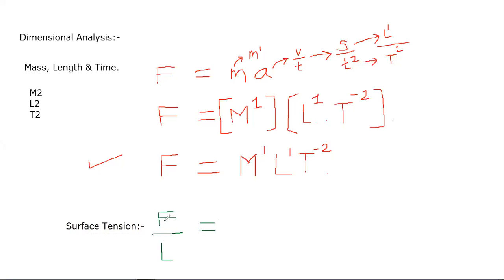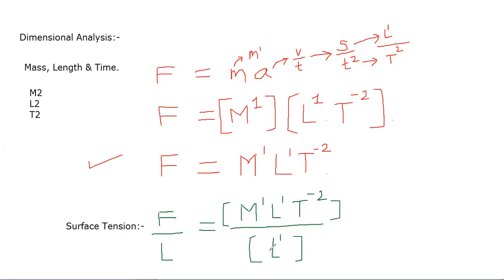Okay, so now we know the dimensions for force. The dimensions for force are M1 L1 T raised to power minus 2. So we will write it here: M1 L1 T raised to power minus 2, divided by length. The dimension for length will again be L1. Now we can arrange these two dimensions.